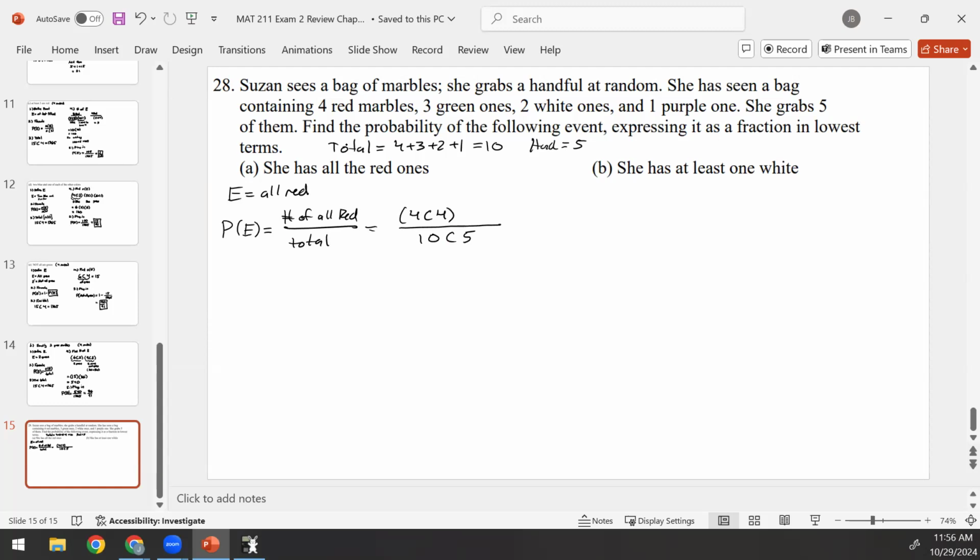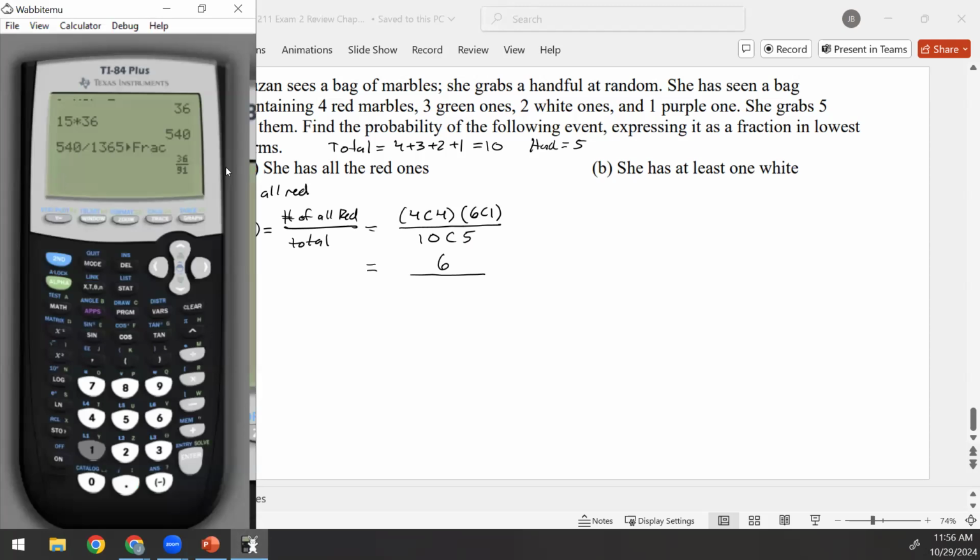I have 4 of them. But I still need 1 more marble to fill out my entire hand. So how many do I have left over? I have 6 of them, and I just need 1 more. Okay. So 4 choose 4 times 6 choose 1. If you plug that into your calculator, you're going to get 6. And then 10 choose 5. If we do 10 choose 5.